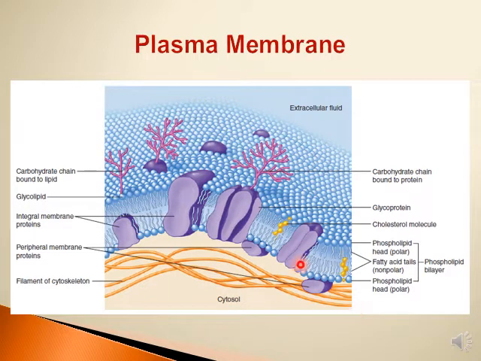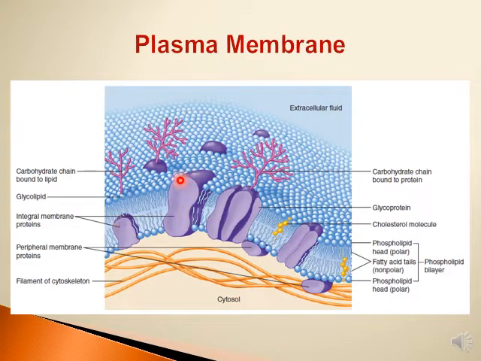Now here we can see a portion of the cell membrane, also called the plasma membrane. As you can see, the plasma membrane is not only composed of phospholipid bilayer, but we have also other molecules. We have some cholesterol molecules that we see here in dark yellow, and we have those purple huge molecules. We call them membrane proteins.